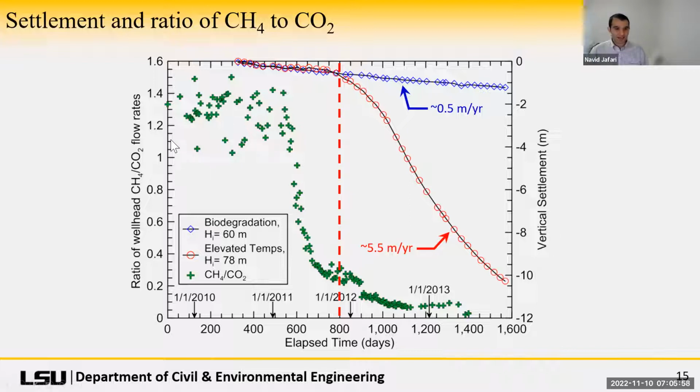We see that the ratio of methane to carbon dioxide is around unity, and around day 600 it transforms to almost less than 0.2. But the settlement, nothing has happened until about day 800. So there is a time lag from when the gas changes at the gas well to when what I call the heat core from the ETLF moves through and starts pyrolyzing, or thermally breaking down, the waste.